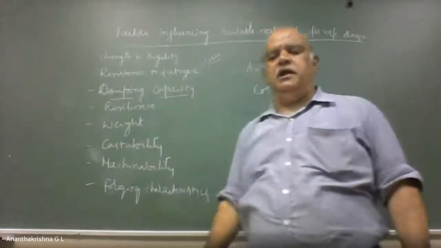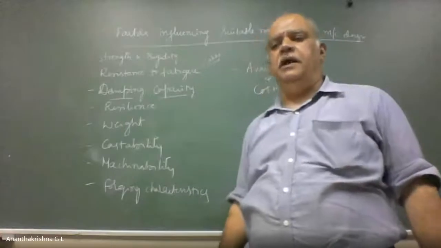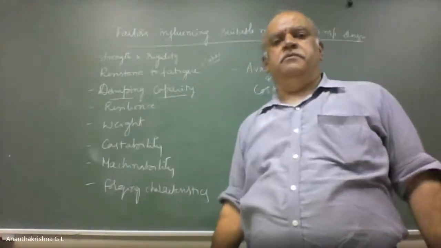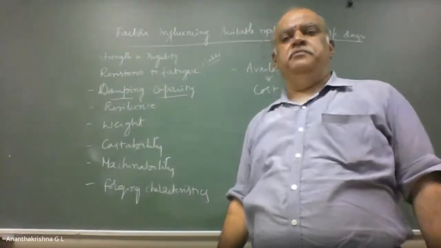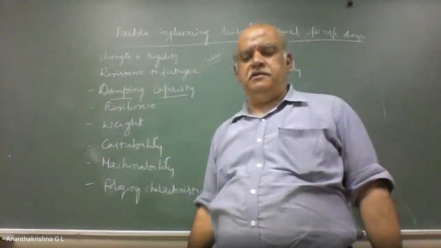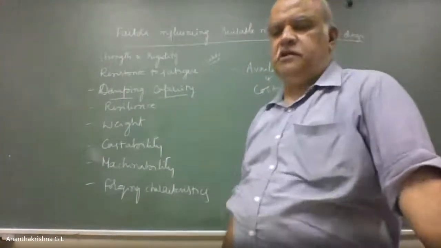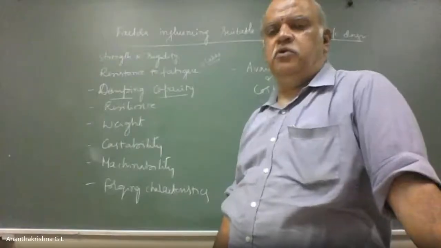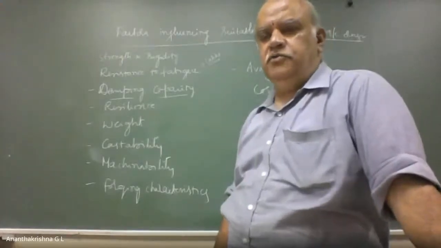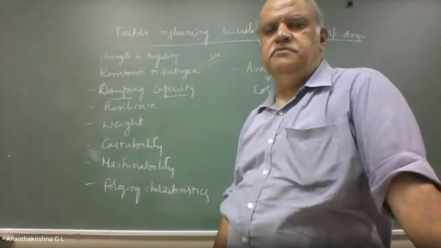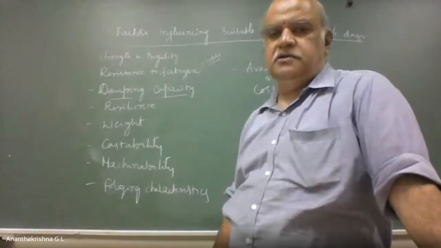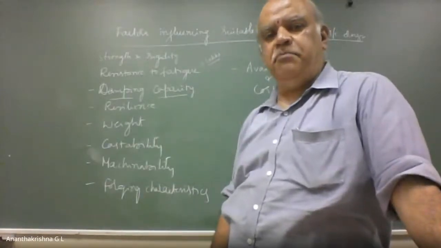Next is damping capacity. What do you mean by damping capacity? Anybody, any idea? Have you used bikes and cars? Yes, sir. So on potholes and humps, which component will take up the load? The suspension. Suspension system, correct? So it is essentially a spring and damping system.